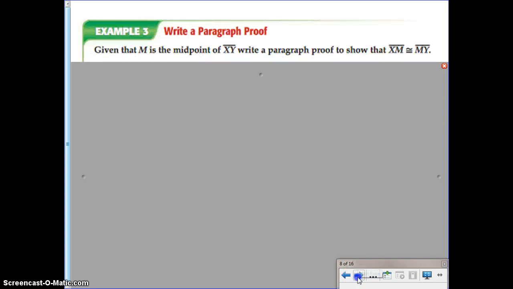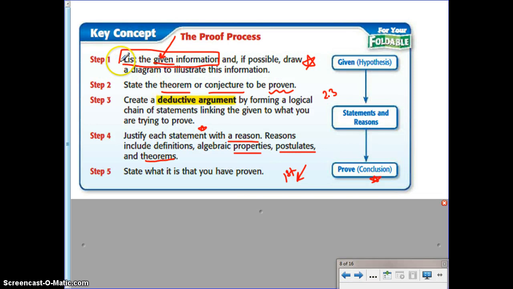All right, our last example is we're going to try this. Given that M is the midpoint of XY, write a paragraph proof to show that XM is congruent to MY. So steps 1 and 2, remember, were to list the given information, draw a picture, and then state where you're going.